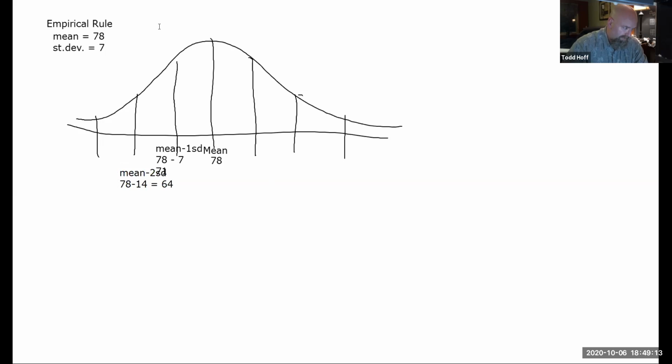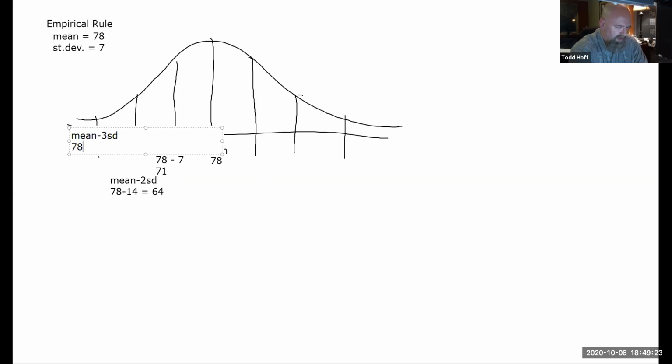Oops, that got overlapped a little too much. Remove that down. And this number here would be the mean minus 3 standard deviations. So that's 78 minus, well, 3 times 7 is 21, or 57. And it's similar going this way. This is the mean plus 1 standard deviation.